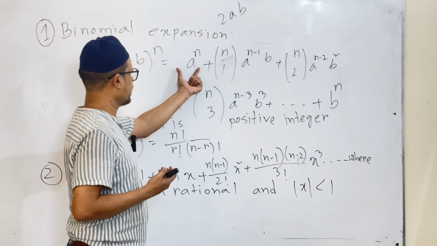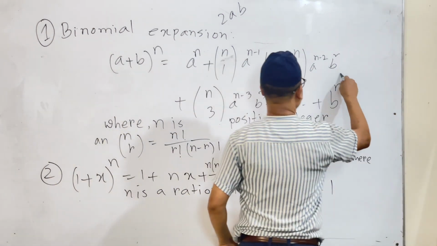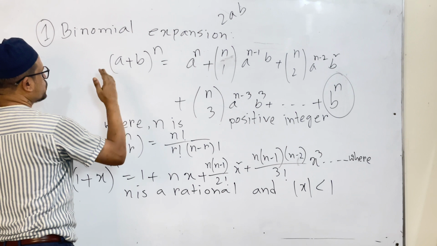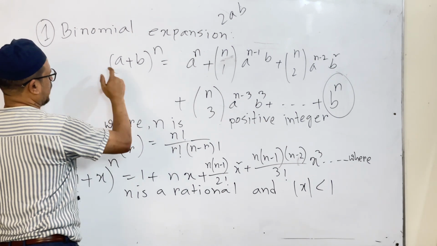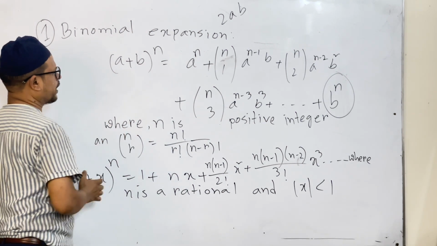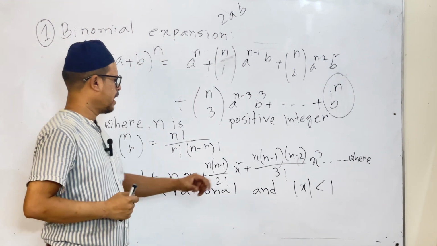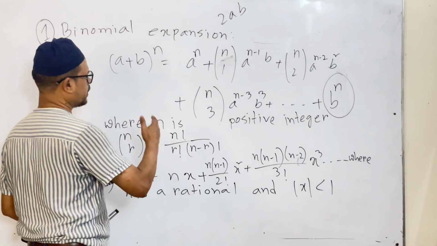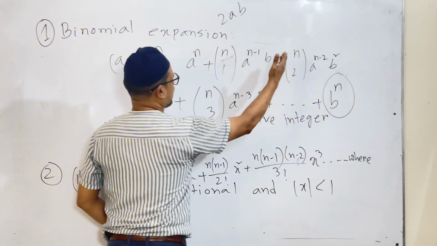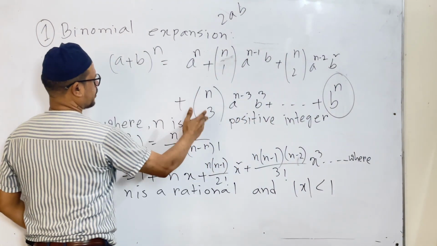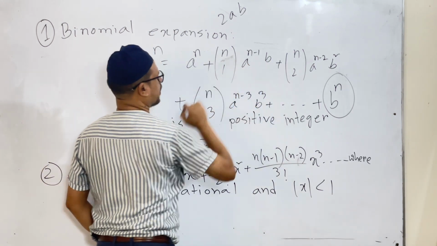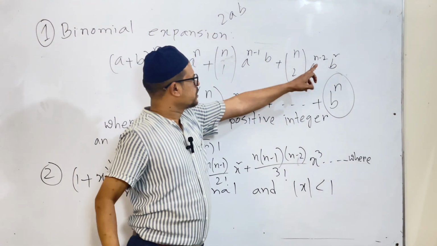That is, first a to the power n and last b to the power n. Since there are two variables a and b, the first term is a to the power n and the last is b to the power n, and the coefficients will be n choose 1, n choose 2, n choose 3.